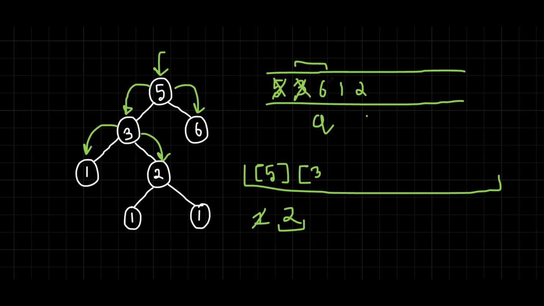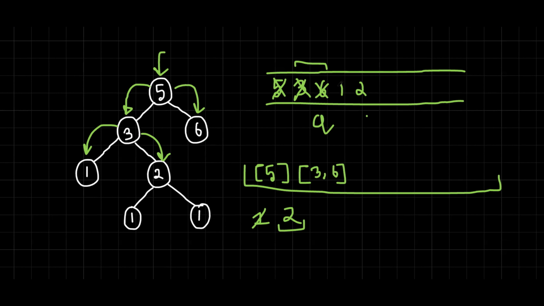So now the top element of the queue is 6, so we insert 6 into the vector. Now we remove 6. But 6 does not have any left or right children, so we don't insert anything into the queue. So we have found the second level.